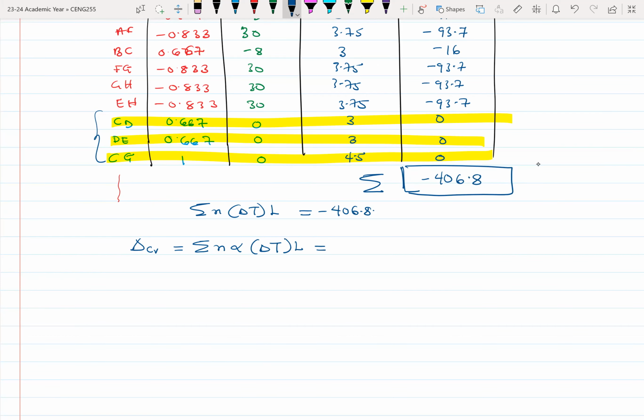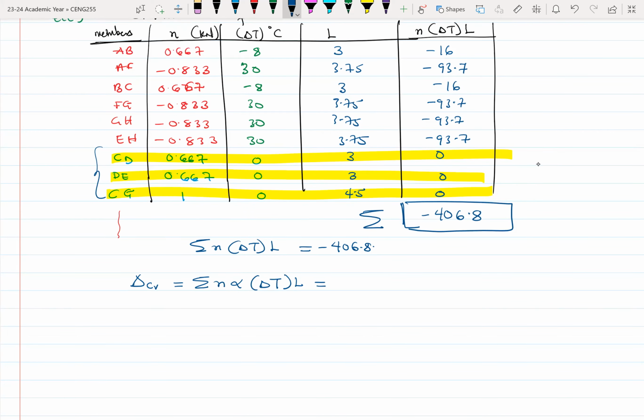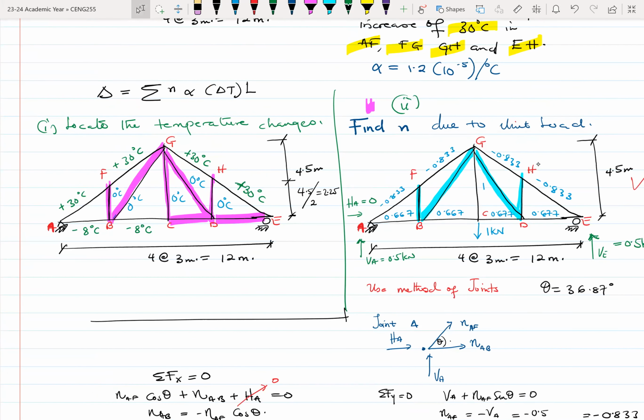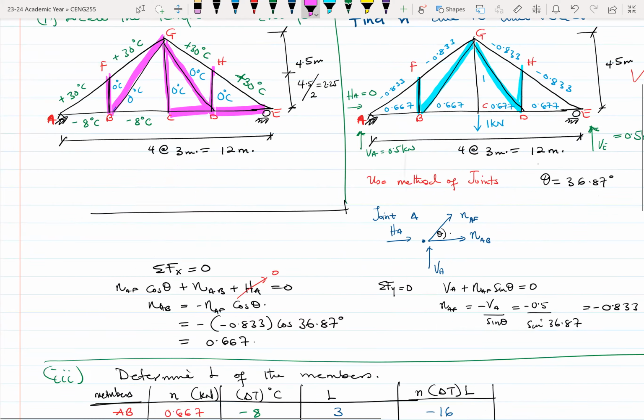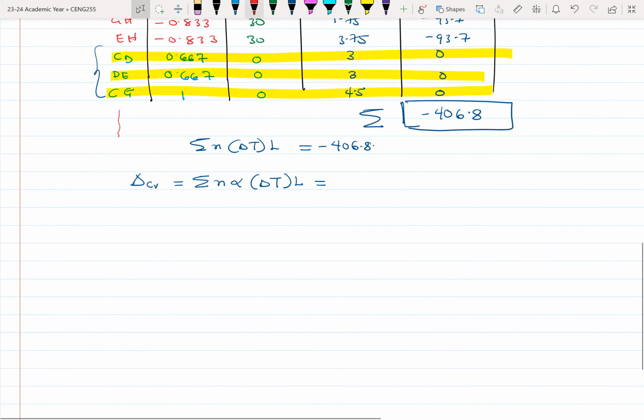So we're given that value as well. This is the coefficient of thermal expansion, which is 1.2 times 10 exponent minus 5. All right. So it becomes 1.2 times 10 exponent minus 5 times negative 406.8.